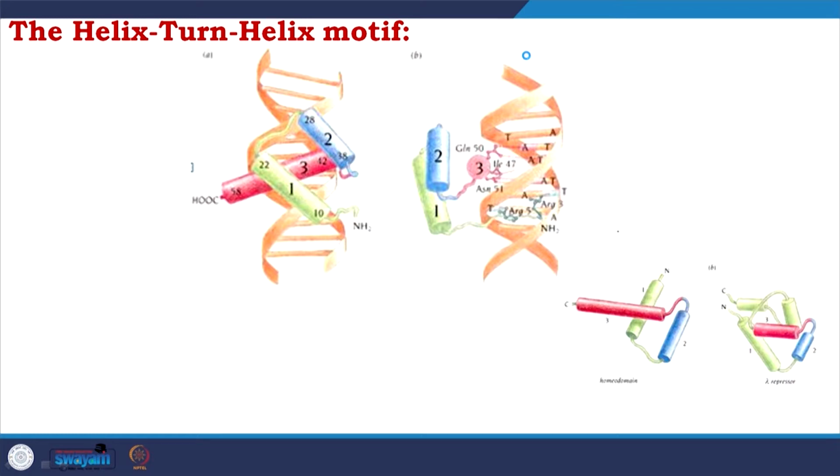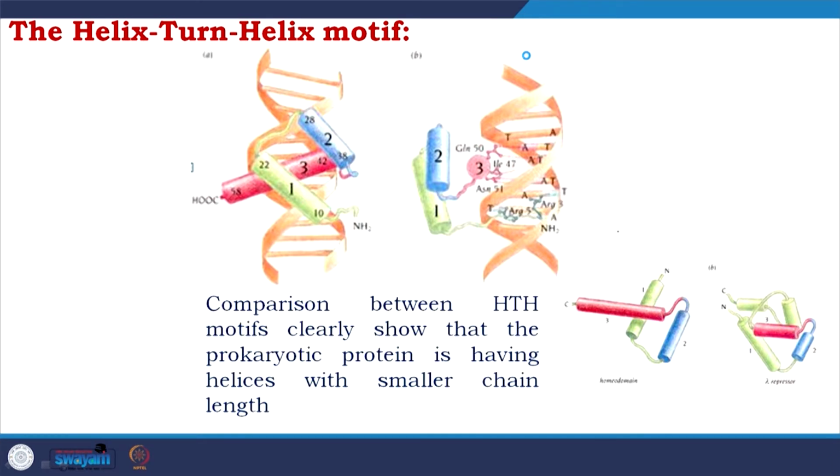Very interestingly, here you have two helix turn helix motifs. One is the homeodomain, which comes from a eukaryote, and one is the lambda repressor, which is in a prokaryote. It clearly shows that if you compare, the prokaryotic protein has helices with a smaller chain length.